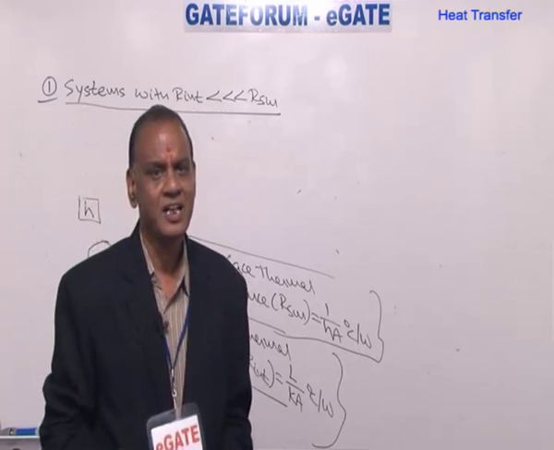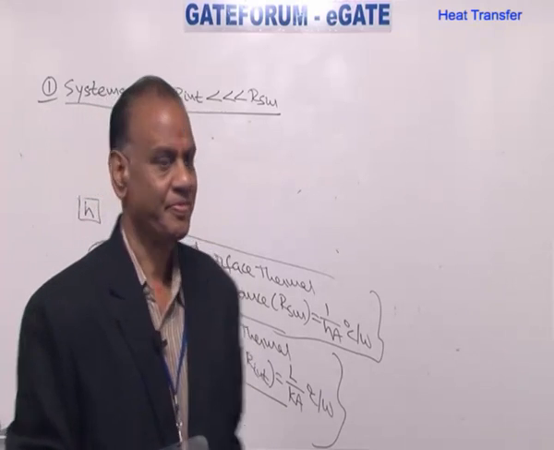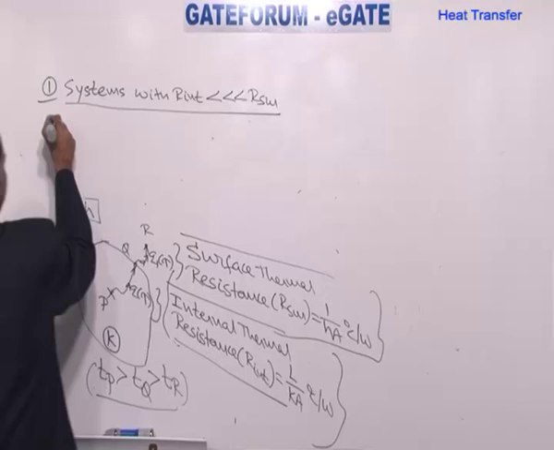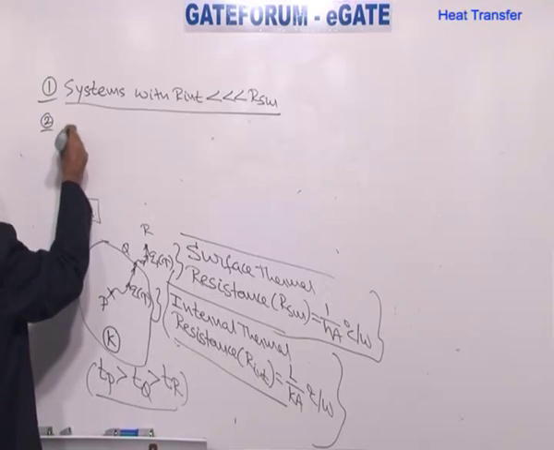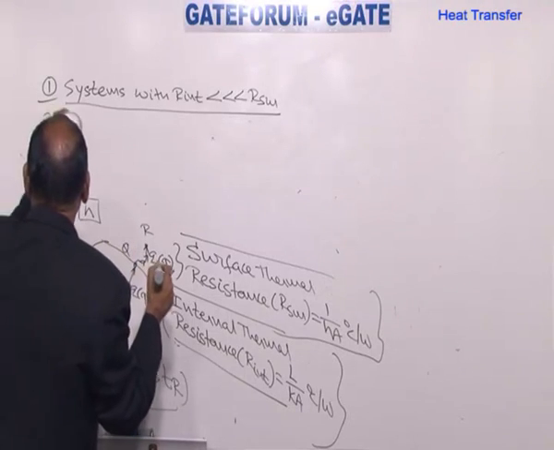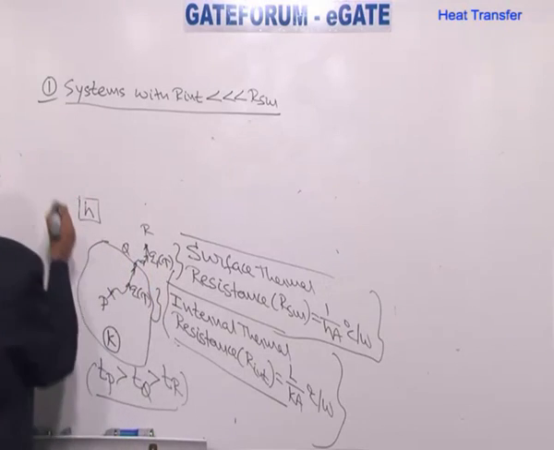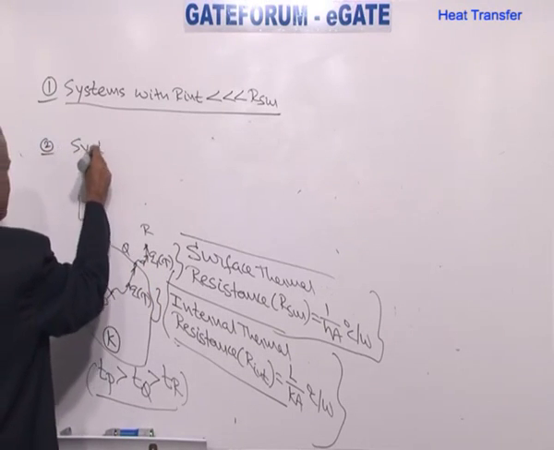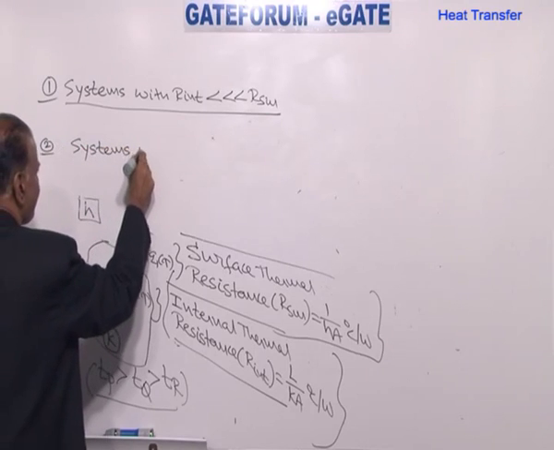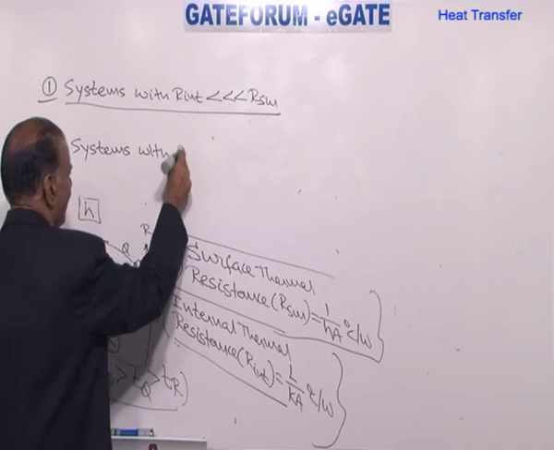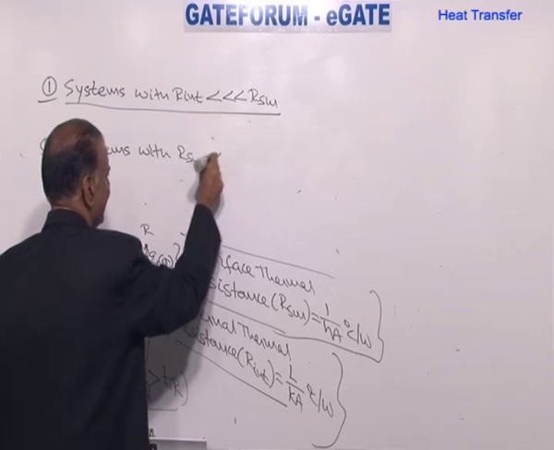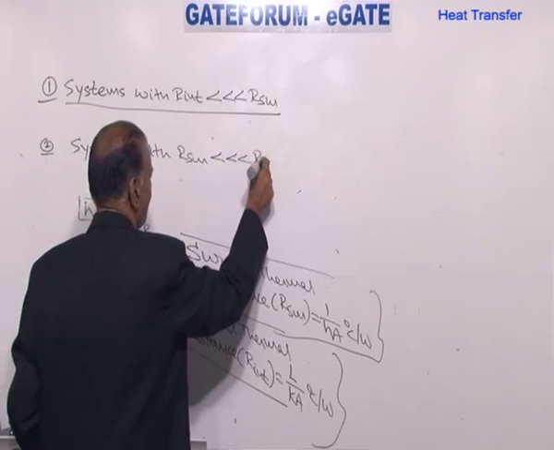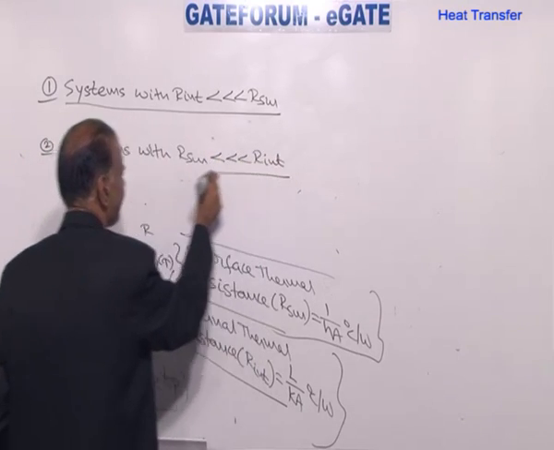Systems with negligible internal resistance. Next, systems with negligible surface resistance. Systems with R surface extremely small compared to R internal.